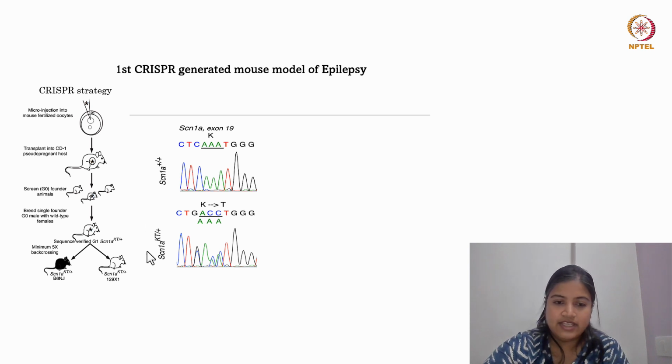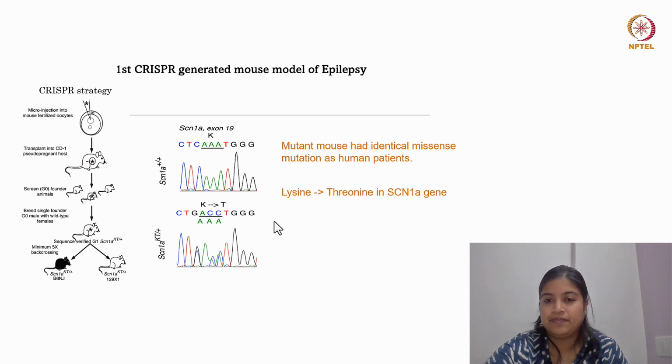But in the heterozygous mouse, which has one mutant copy of the gene, we can see that the lysine has been changed to threonine in one of the homologous chromosomes. So we found that the mutant mouse had an identical missense mutation to the human patients, the lysine to threonine change, which was what was expected from the CRISPR strategy.